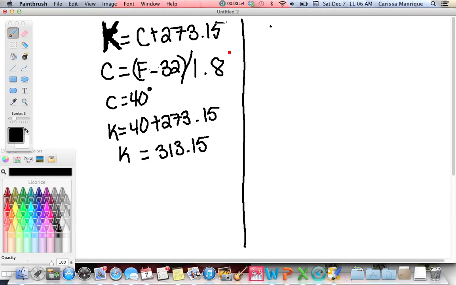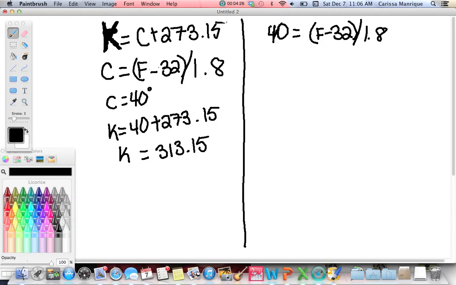So we know Celsius equals 40. So 40 equals (Fahrenheit, which we don't know and are solving for, minus 32) divided by 1.8. What we're trying to do is isolate Fahrenheit. That's the number we're solving for, so we need it by itself.